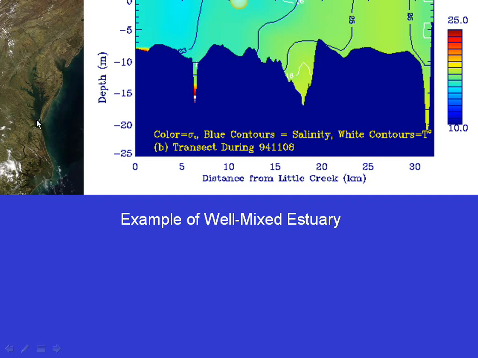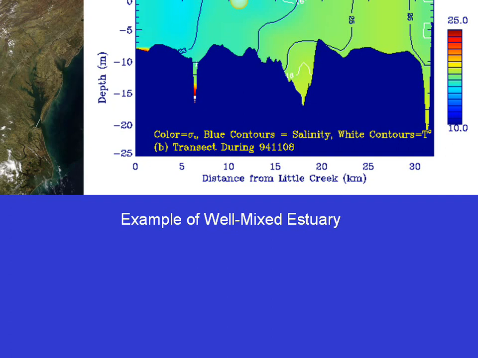The transect is here in the lower part, and we're sitting in the Atlantic Ocean looking into the estuary. The 3 variables are salinity, which are the dark contours, temperature, the white contours, and density anomaly, which are the color field contours, the shades of color.